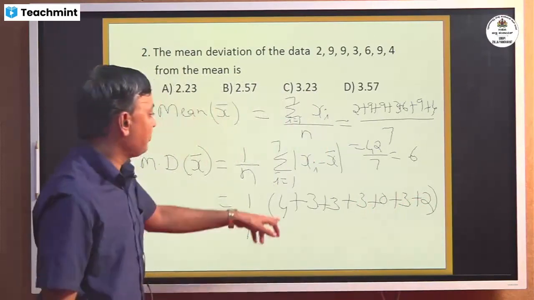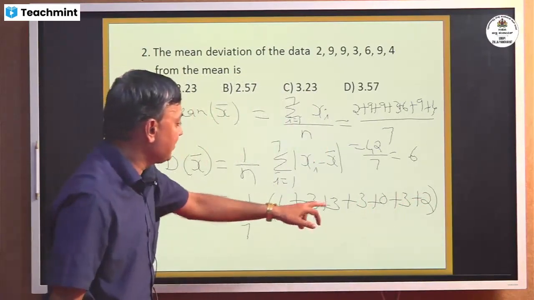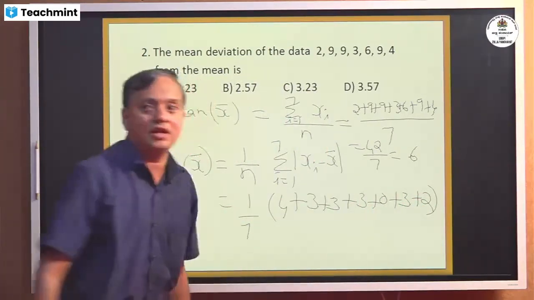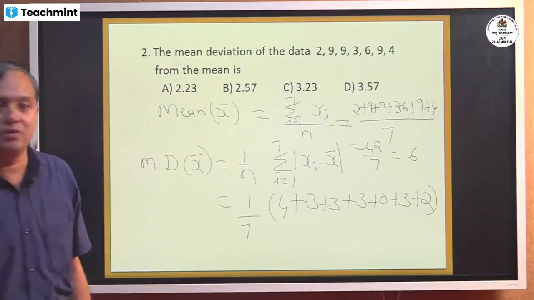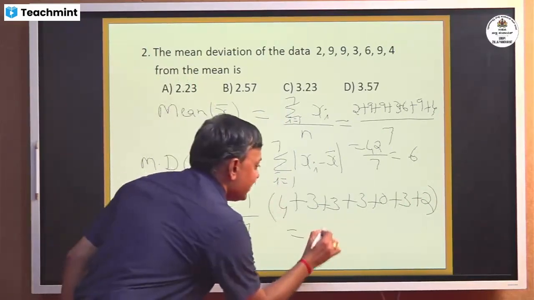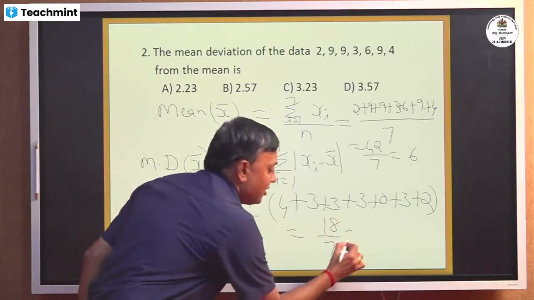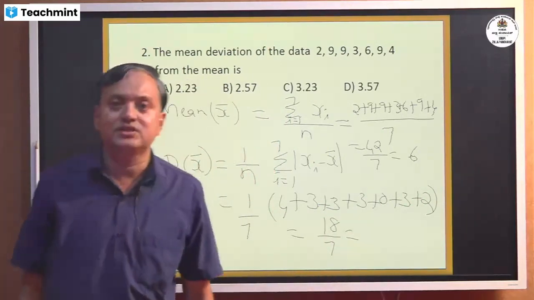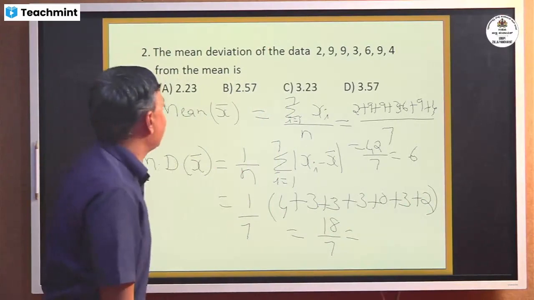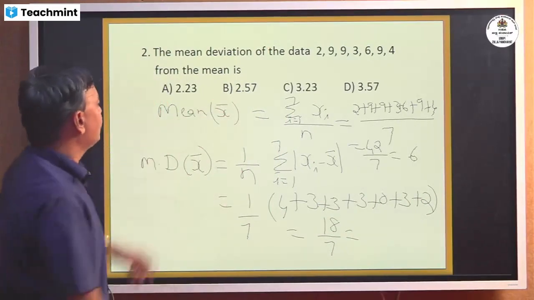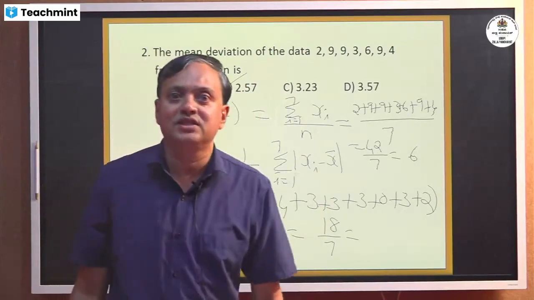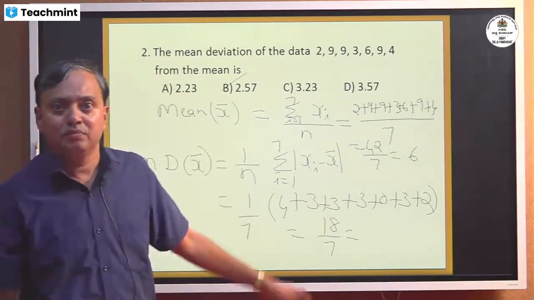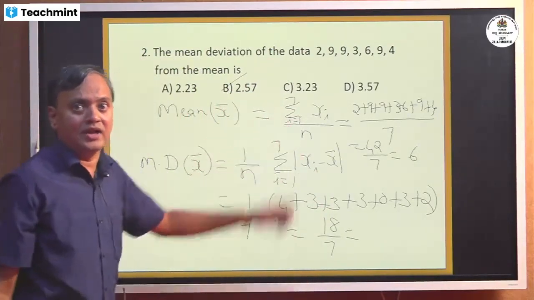And 4 plus 3 plus 3 is 10, plus 3 is 13, plus 3 is 16, plus 2, so this is 18. What is 18 by 7? It is 2.57. So the second option is correct. This is the mean deviation about mean in the given data.